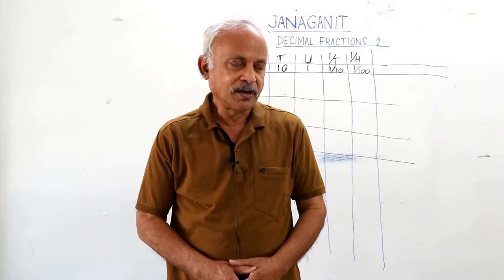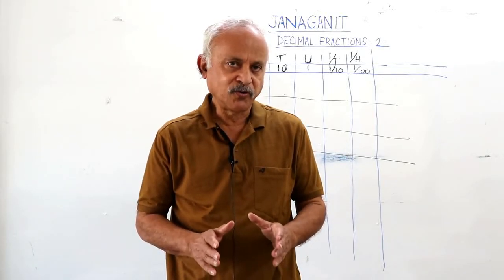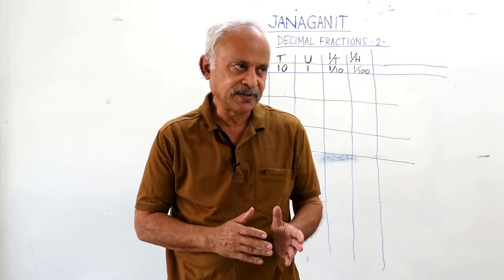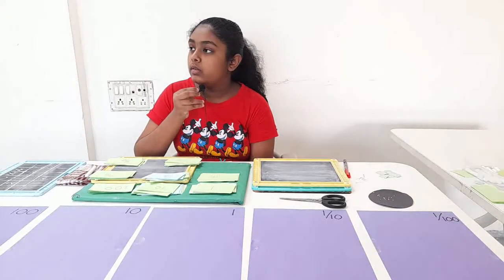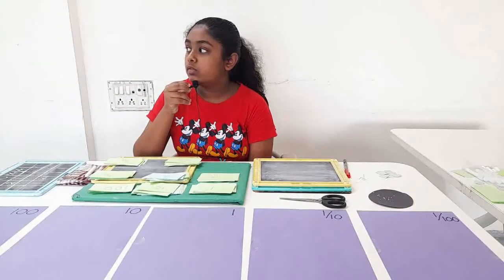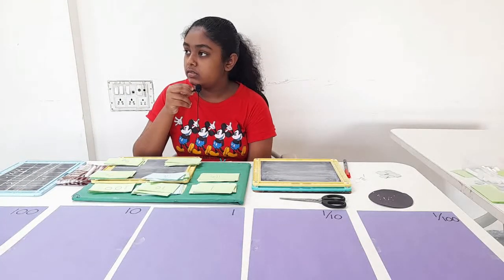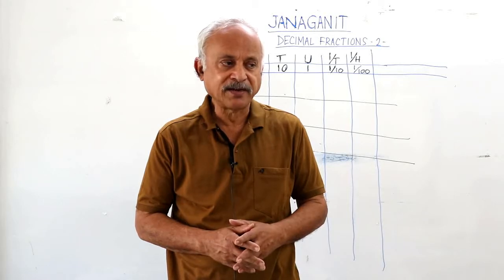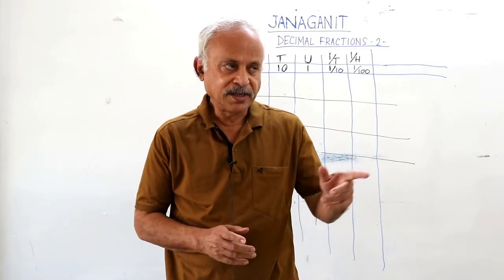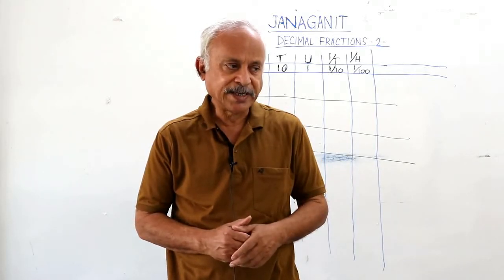So now, when you divide 50 rupees among 4 persons, what does each one get? 1 ten, 2 ones, and 5 1 by 10s. Very good. So, can you write that now in your slate?